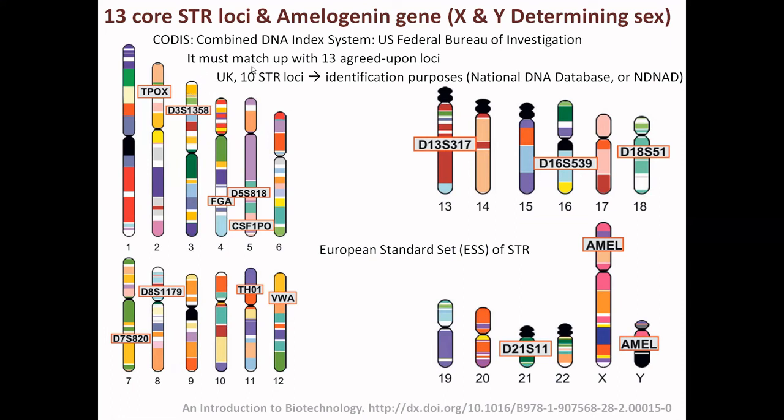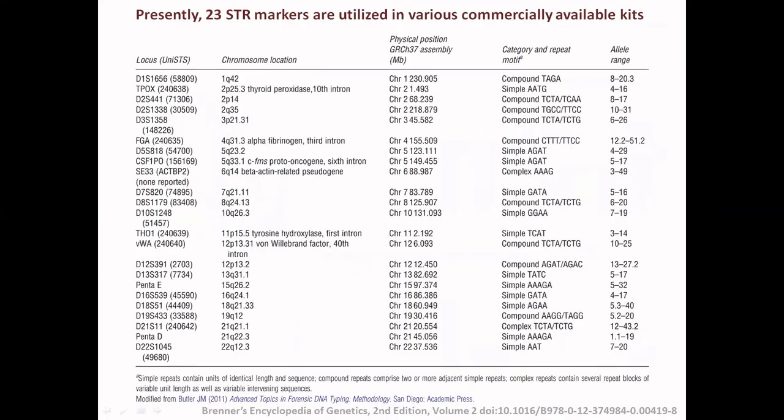In the UK, the United Kingdom, instead of 13, 10 STR loci are used for identification purposes. And it is called the National DNA Database or NDNAD. And the system used in Europe is called the European Standard Set, ESS, of STRs. And this is 23 in various parts of the world. Those are used in identifying individuals.